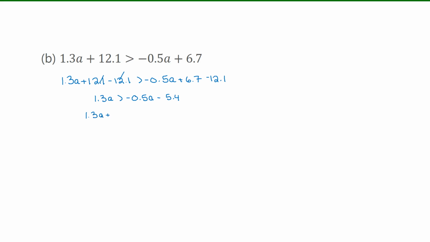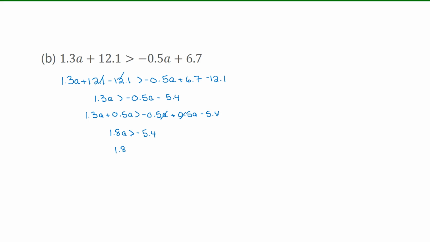Now adding 0.5a to both sides, I now have 1.8a is greater than negative 5.4.